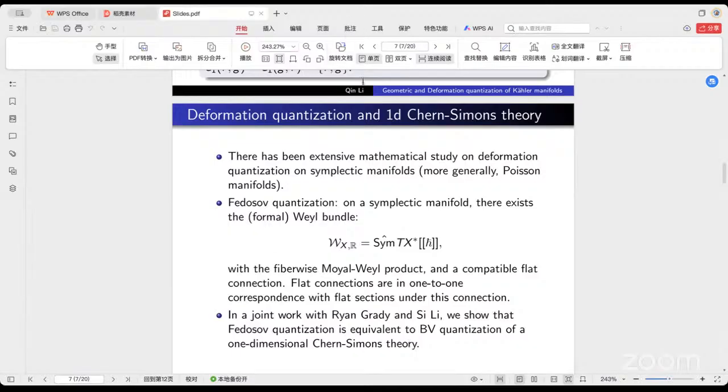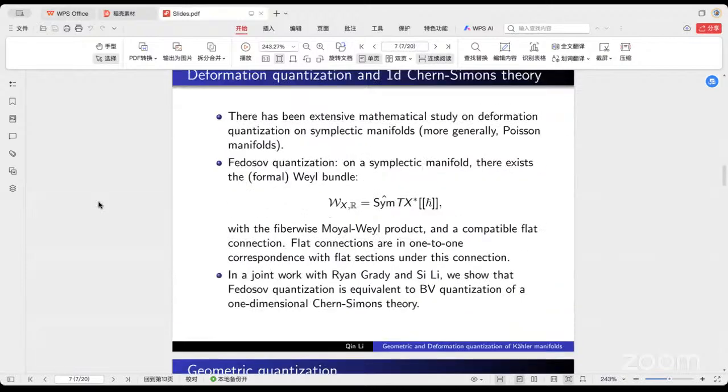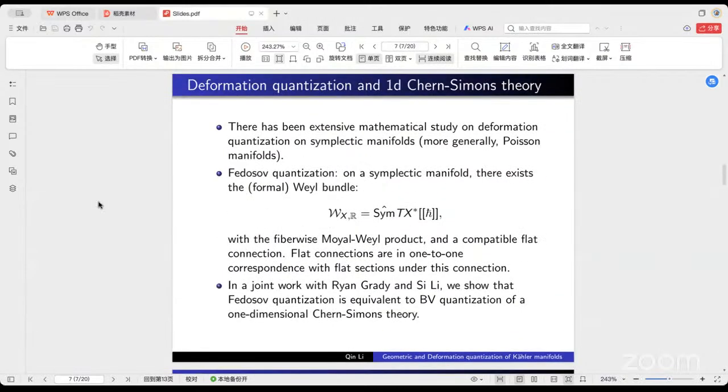Okay, thank you. May I ask a short question? In your slide, we see one-dimensional Chern-Simons theory. I think the standard Chern-Simons theory is three-dimensional. What do you mean by one-dimensional Chern-Simons theory? Yeah, so we use the name Chern-Simons theory because in this work we constructed a one-dimensional field theory.